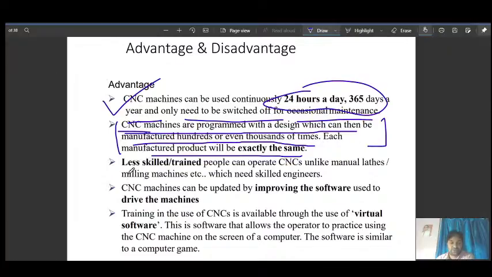Again, less skilled, trained people can operate the CNC machine, unlike a manual lathe. Why do we need less skill? Because only for programming do we require a skilled person. Once the program is loaded, a less skilled or less trained person can just open the machine and load the part, that kind of work.